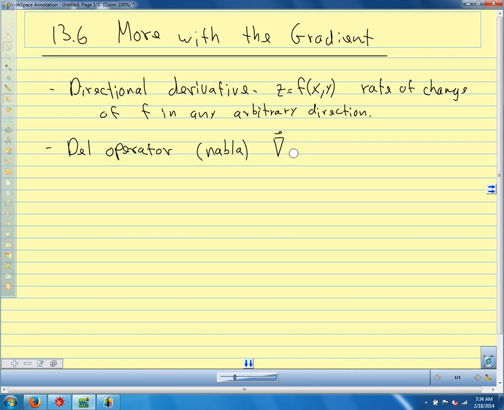And our del operator is defined, the 3 lines means defined, as d/dx i plus d/dy j, and if we had a third variable, we would have d/dz k hat.